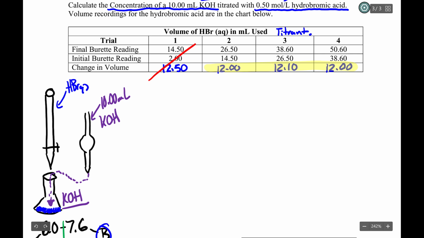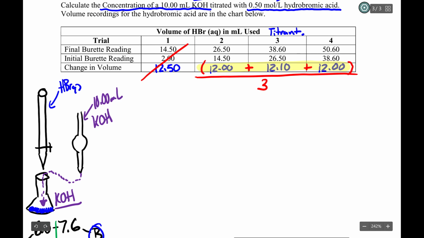And so my average volume would be these 3 added together. I'll put that in brackets, and then I would divide by 3. Now, my volume average for the HBr would then be equal to 12.03 repeating milliliters.